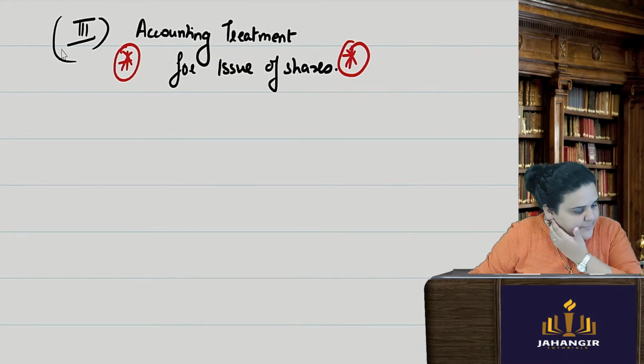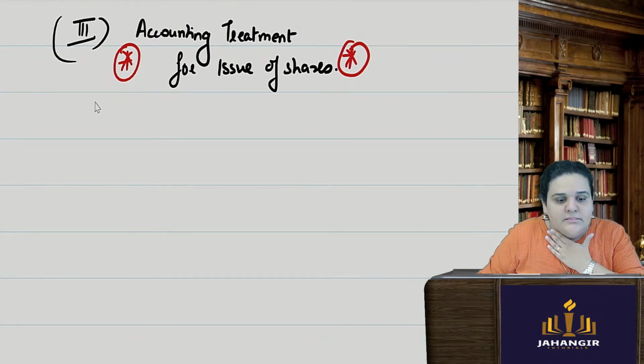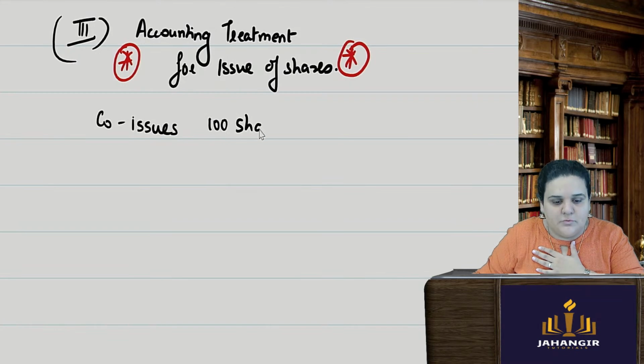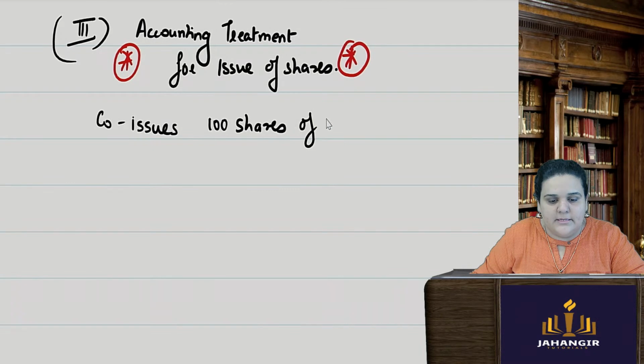Say for example, just write down an example. Say a company issues 100 shares of rupees 10 each at par.